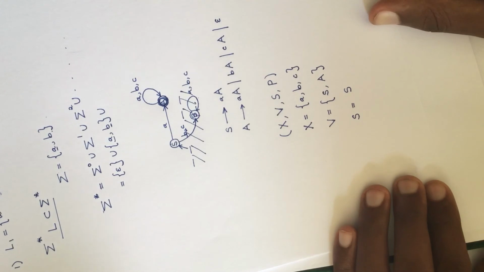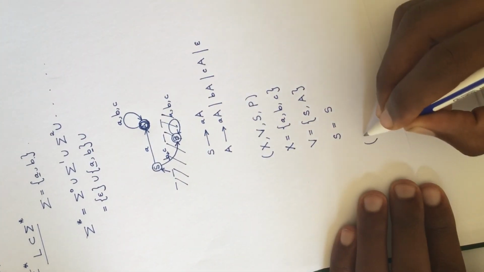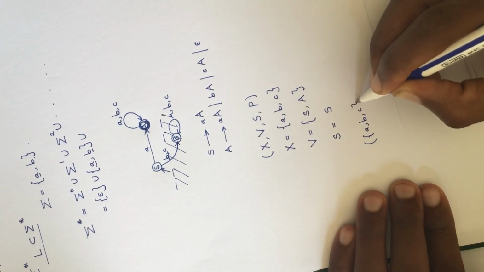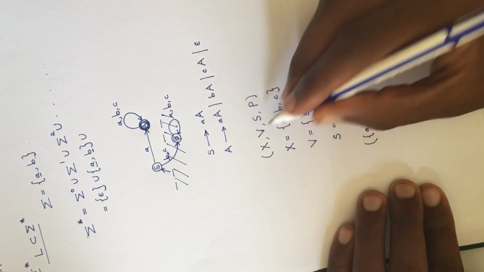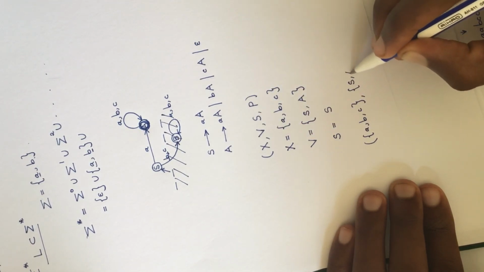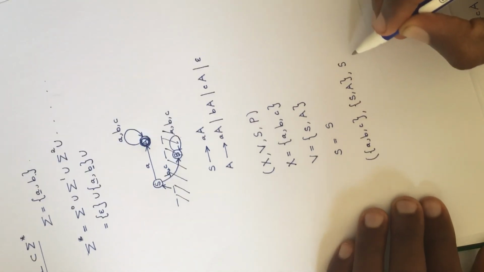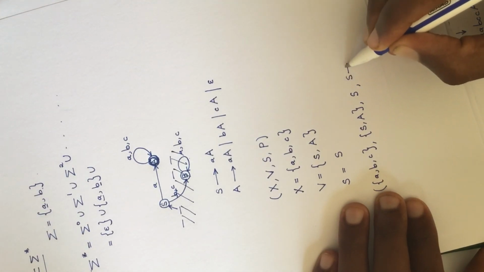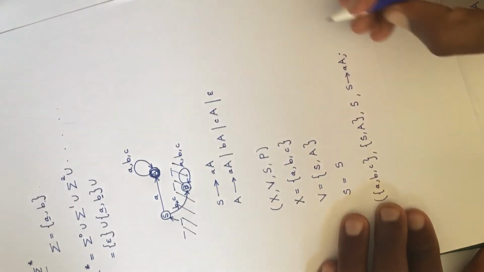So we are going to say that our grammar is A, B, and C, that is the X, comma, V is S and A, then S is our starting symbol, and our production rules, we have S, the first one, and this one here.